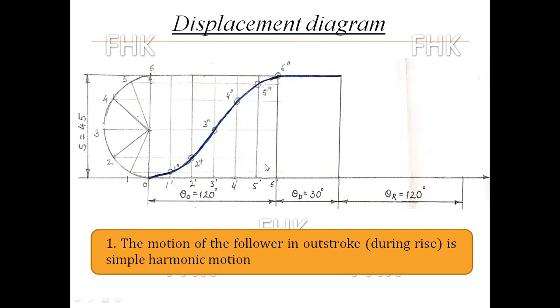So I will give the numbers here 1, 2, 3, 4, 5 and 6, and from all the points I will draw the horizontal lines, which intersect the vertical lines drawn from points 1 dash, 2 dash, 3 dash, 4 dash and 5 dash, and so on.